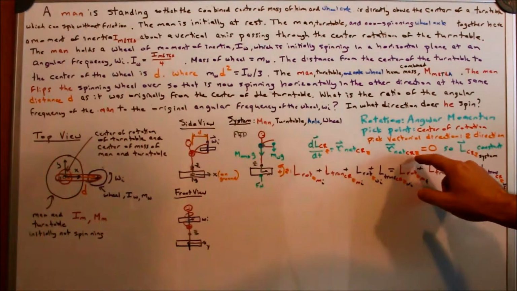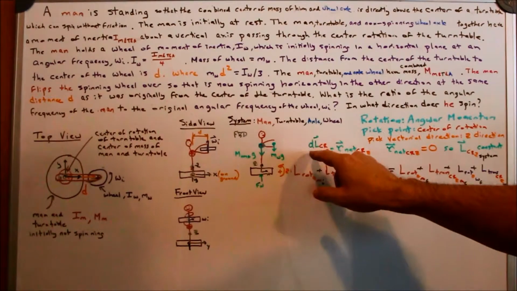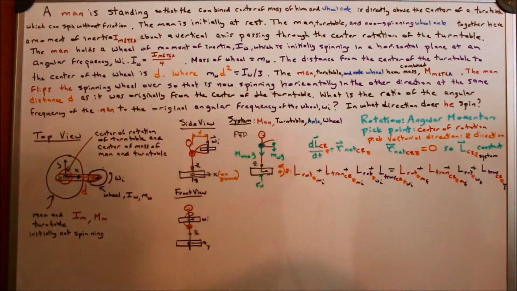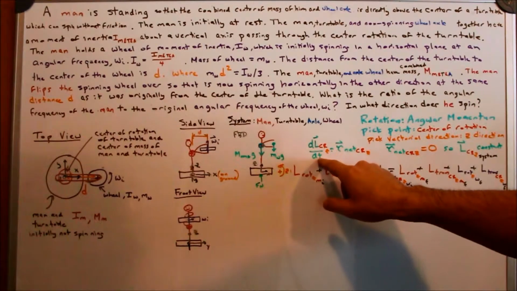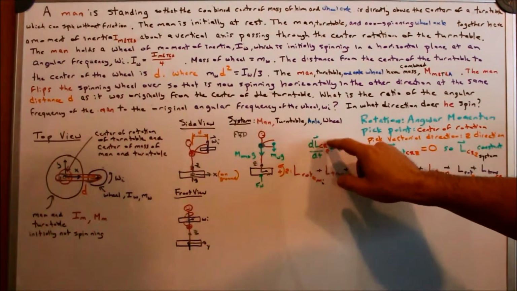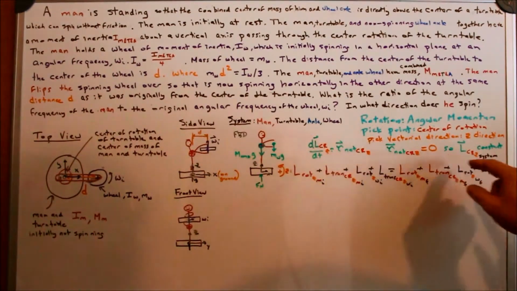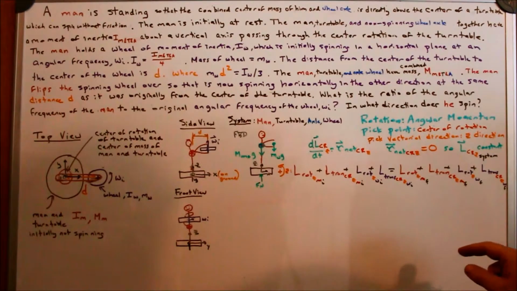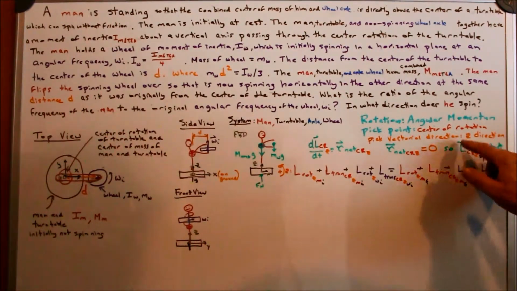So our net torque around the center of rotation in the z direction is 0, and so the change of angular momentum around that point, dL_z/dt, is this net torque. The net torque is 0, so the change of it is 0, therefore it must be a constant.